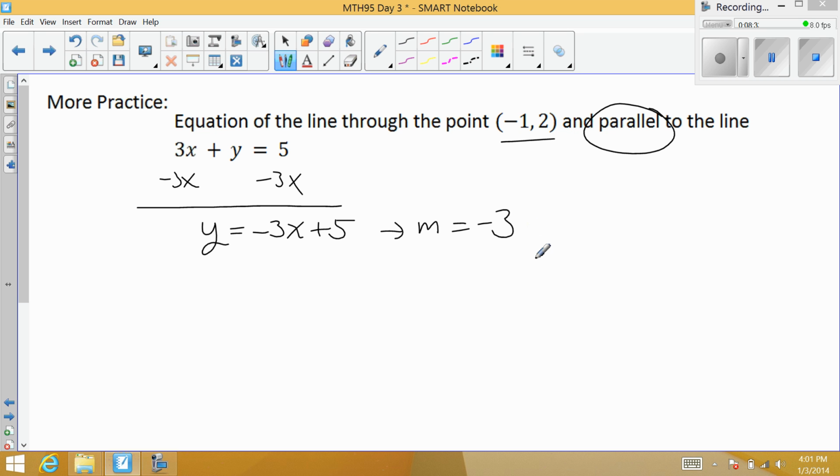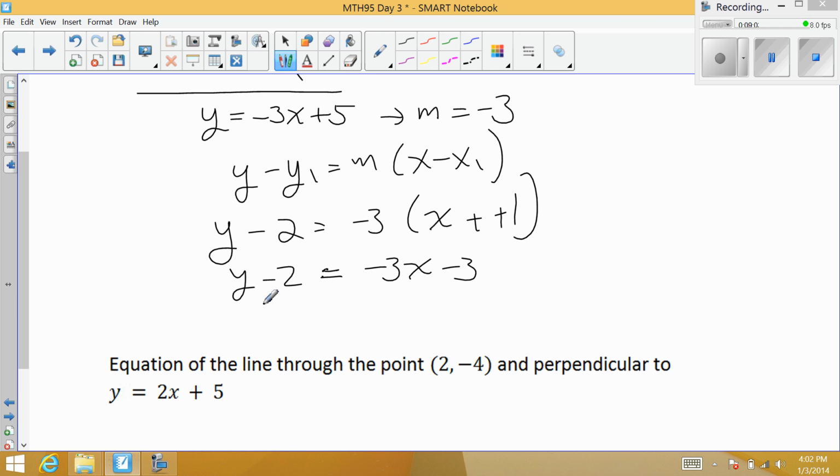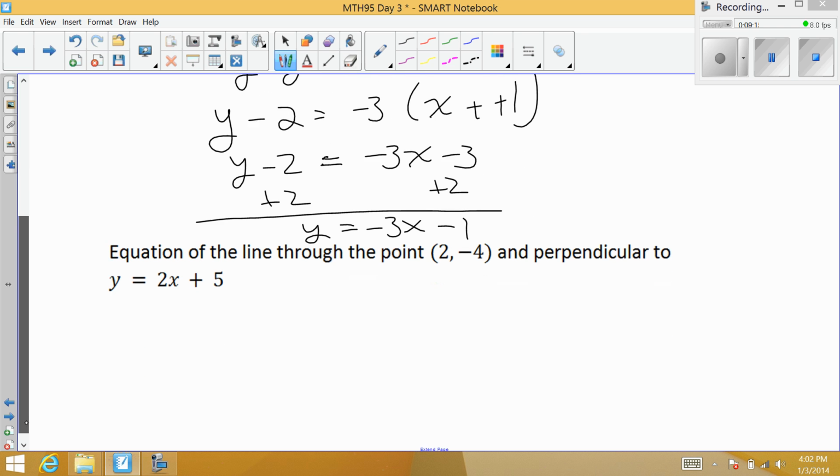And then we're given our point, and now we can go through our usual formula simplification. And there we go.